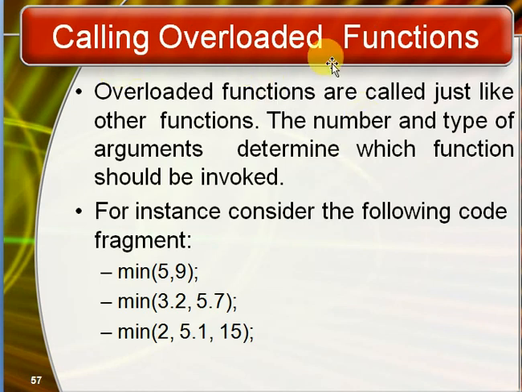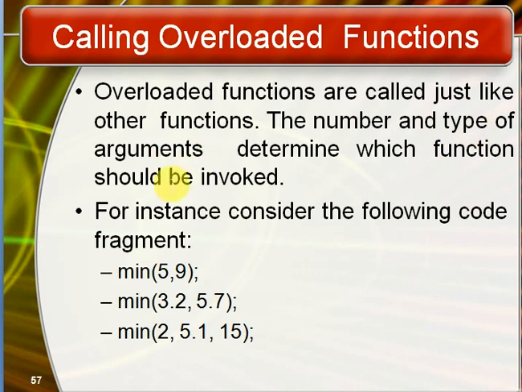Calling overloaded functions: overloaded functions are called just like other functions. The number and type of arguments determine which function should be invoked. Important point: the number and type of arguments.